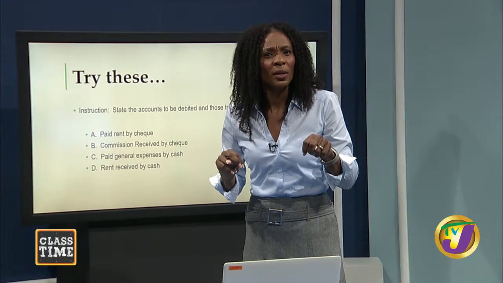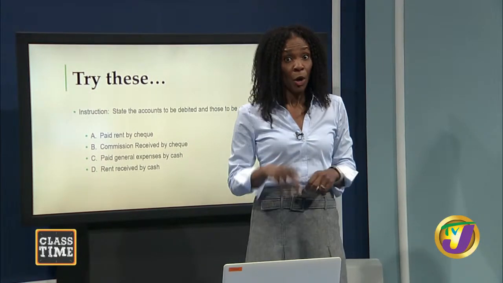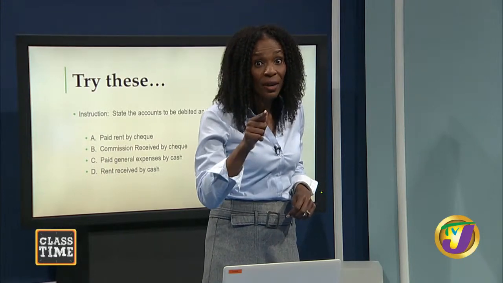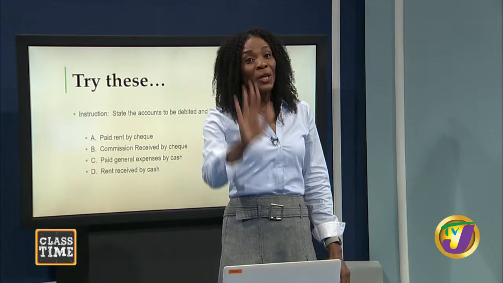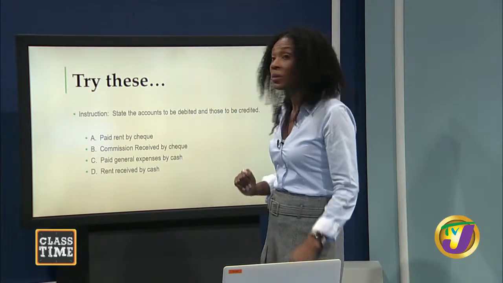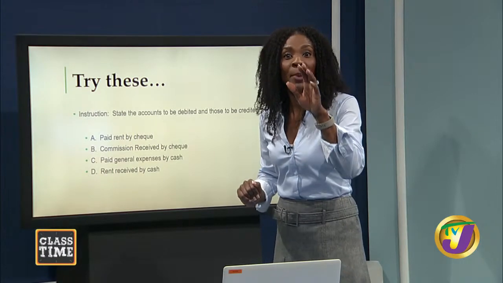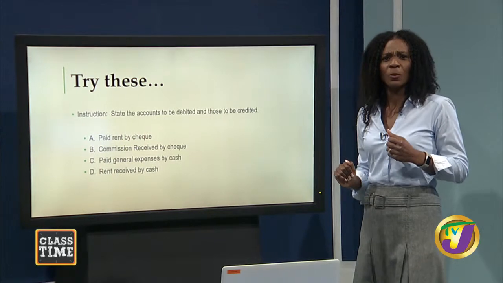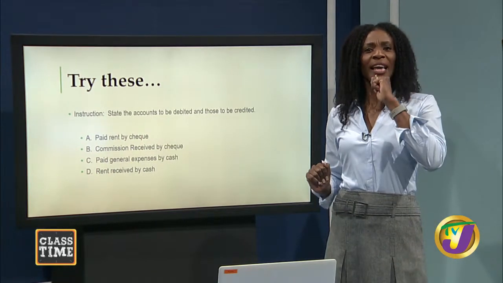We're going to, no, not debit it. Remember now, it's commission received, not commission paid. It's a revenue. Good. You can't forget that. So therefore, we're going to credit the commission received account and debit bank. Good.